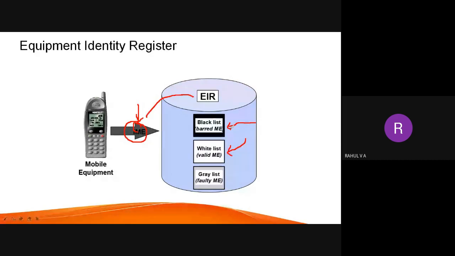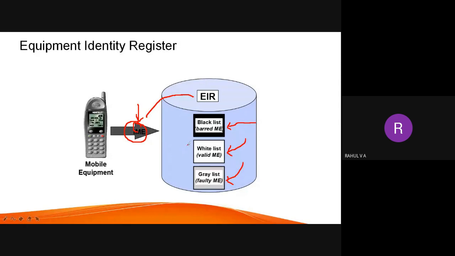Okay, if there is some issue with that mobile equipment, it is placed in the gray list. So like that, separation will be there, depending on the mobile equipment. It is again like a SIM card. If a person makes a mobile phone by himself, that also affects security and safety, because mobile equipment should be registered before using it.